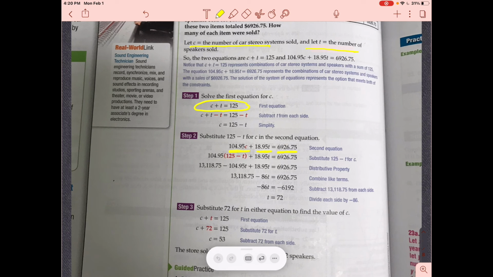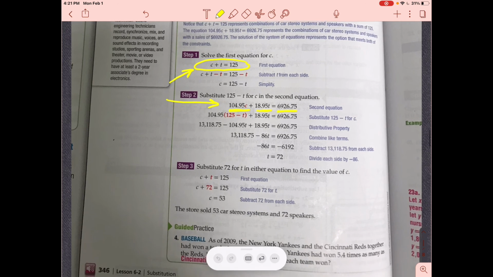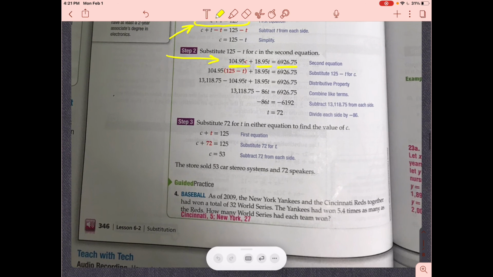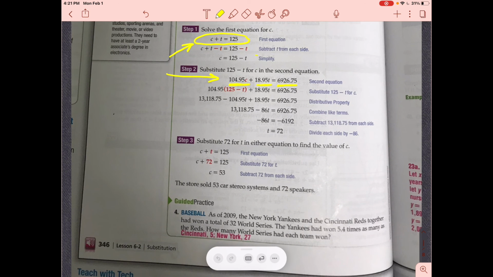We know how many items. There were 125 items, but we don't know them apart. We need to be able to put this equation and this equation together. Okay, so look at what they decided to do. They solved this equation until it said C equals.